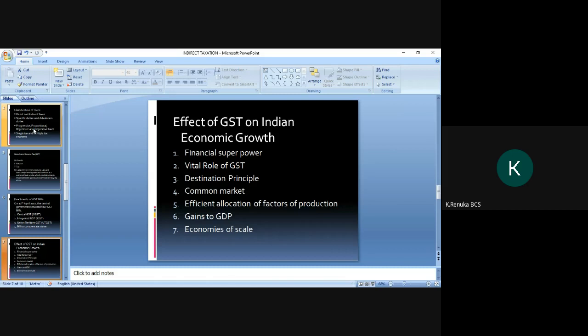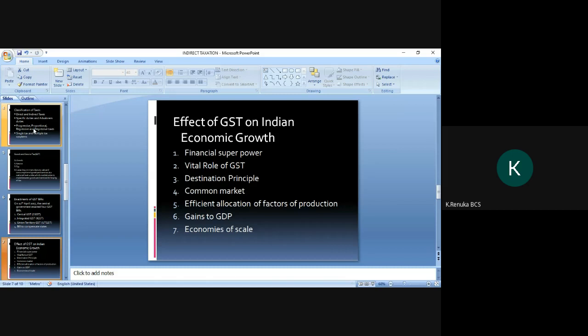So the person who is seller or buyer or manufacturer, whoever may be, can avoid the extra amount and the extra taxes, so that the price of the product will not be increased drastically. There will be control in the price when we avoid the unexpected charges.